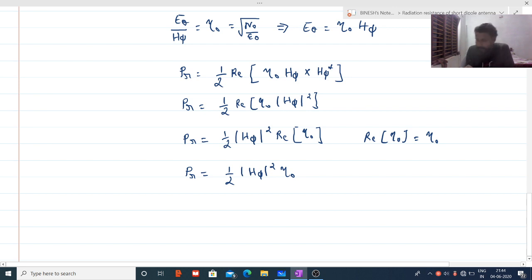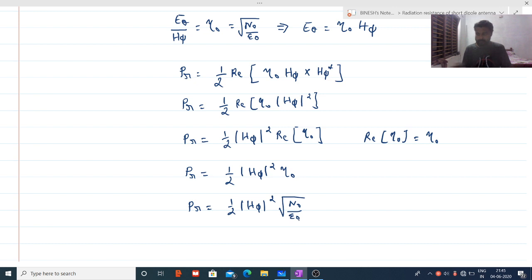But you know eta naught is the root of mu naught by epsilon naught, so I will write PR equal to 1 by 2 into H phi square into root of mu naught by epsilon naught. I think it's clear for you how you are getting the average Poynting vector, that is PR or the power radiated.